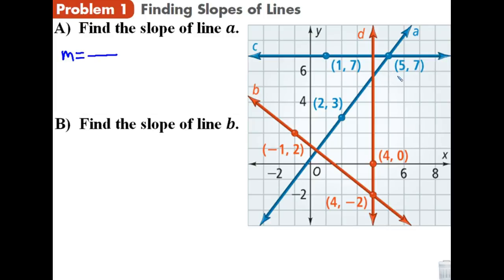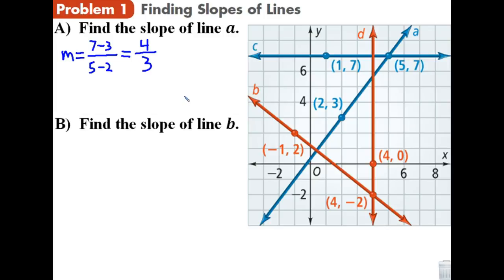I'll just start with the bigger numbers to keep things positive. So we'll go y minus y, 7 minus 3, over, in the same order then, x minus x, so 5 minus 2, which will be equal to 4 over 3.